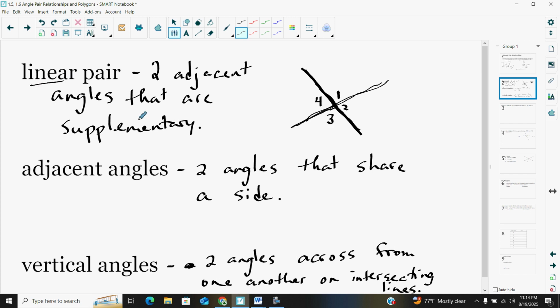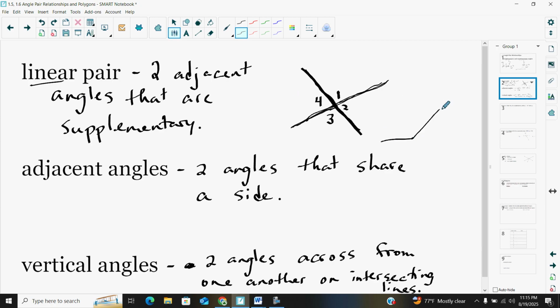Which, if we're calling them a linear pair, a line, it makes sense they match up in a straight line. So angles 1 and 2, we could call them supplementary because they add up to 180. We could also call them adjacent angles because they share a side. And because they're both supplementary and adjacent angles, they also form a linear pair.